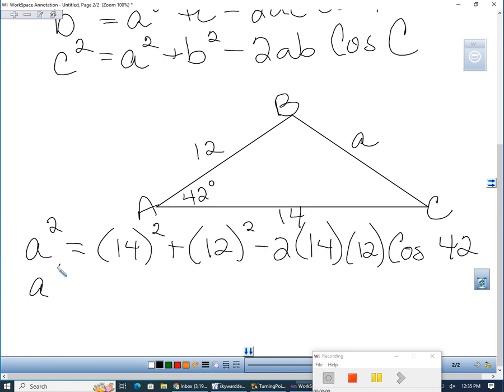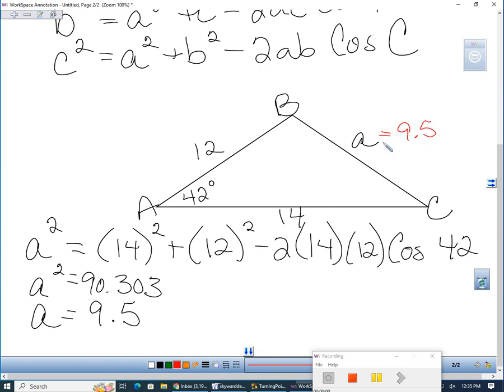I get a squared equals 90.303, hopefully. How do I get a by itself? Square root it. So side A is 9.5.